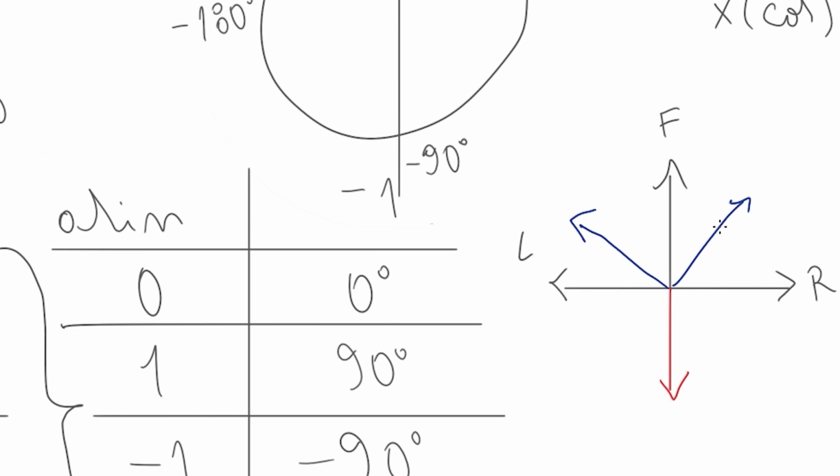So here we have 0, 90, 45. Here is 135. Okay.